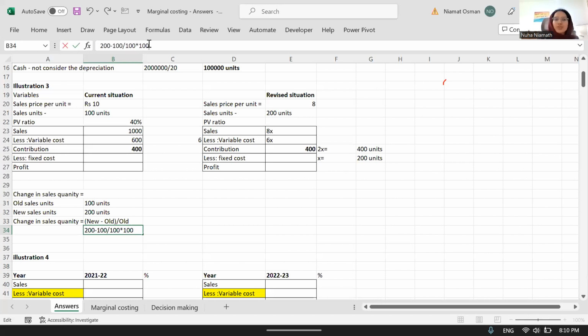We're taking a percentage. So that will give me a 100% jump, correct? So there is a total change of 100%. Is everybody clear till here? The change in sales quantity?